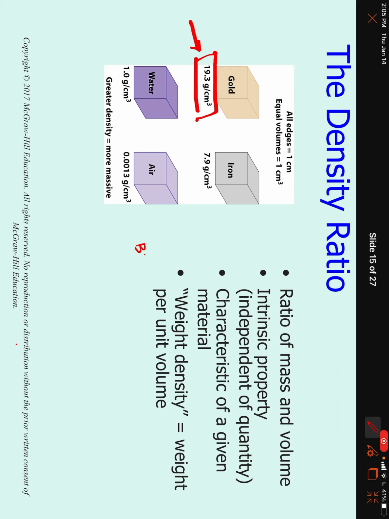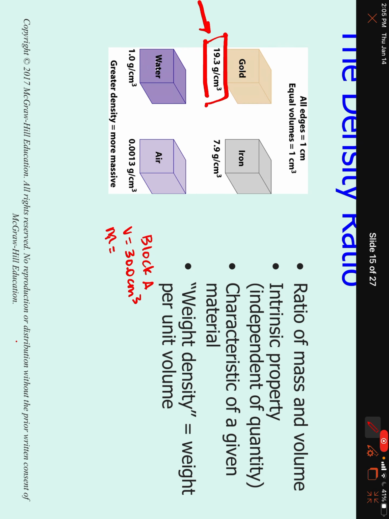So let me draw this out in case you guys can't get to your book at the moment. You've got block A, which has a volume of 30 centimeters cubed and a mass of 81 grams. And then block B has a volume of 50 centimeters cubed and a mass of 135 grams.